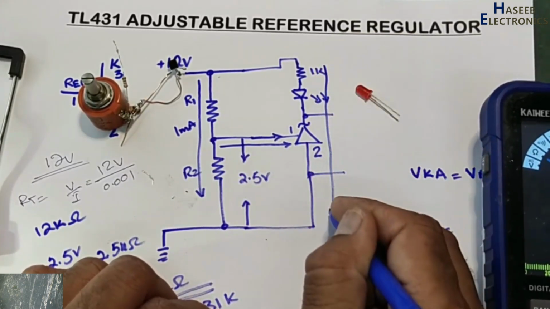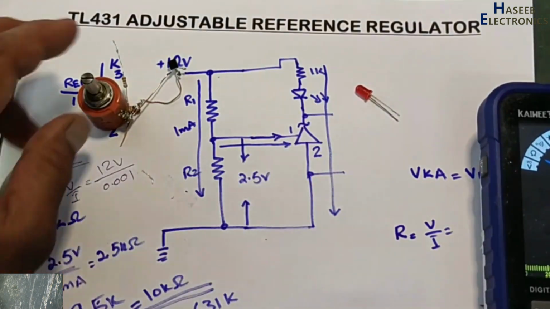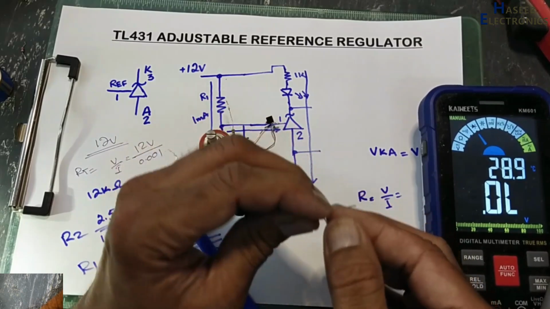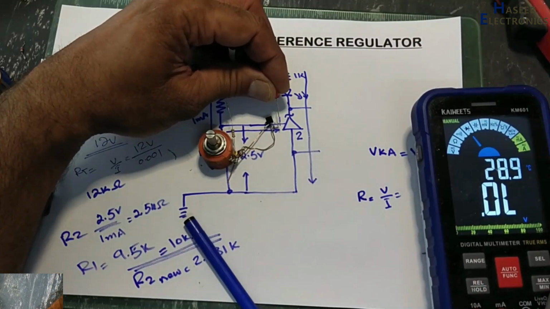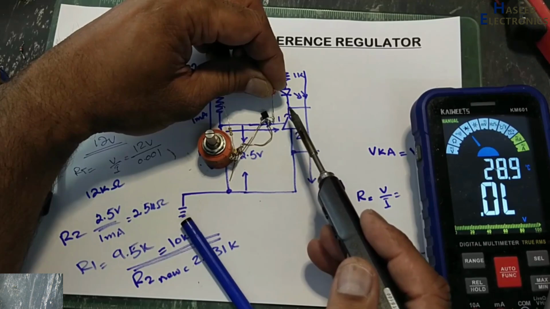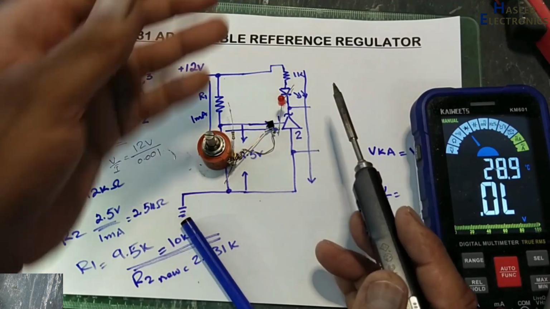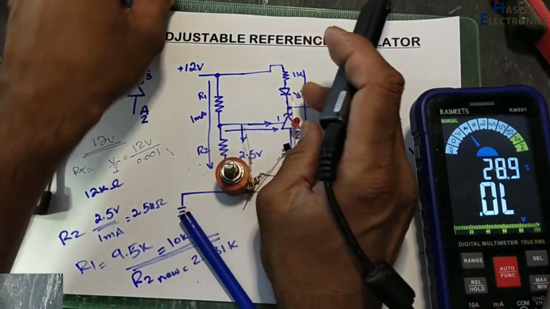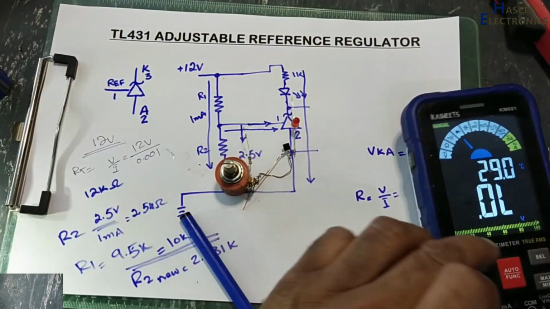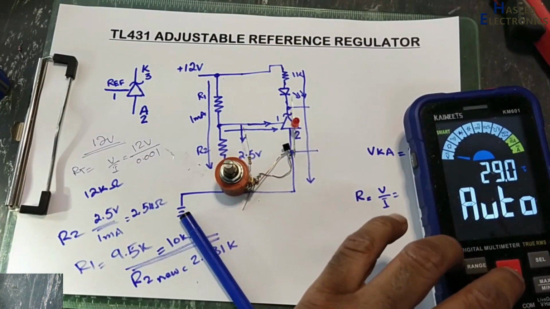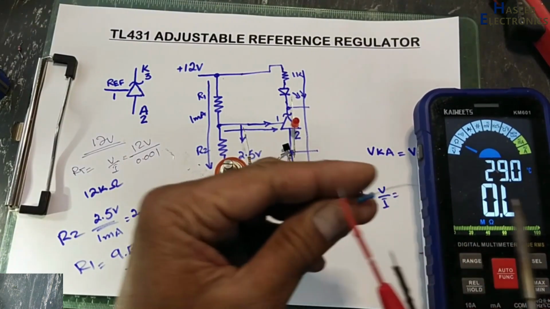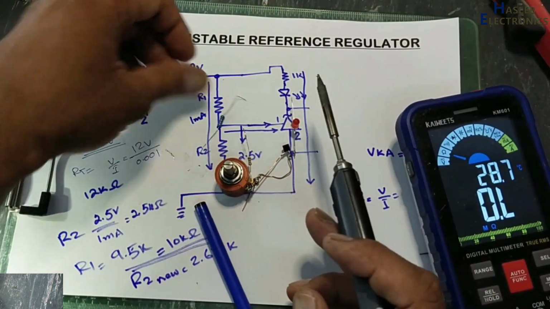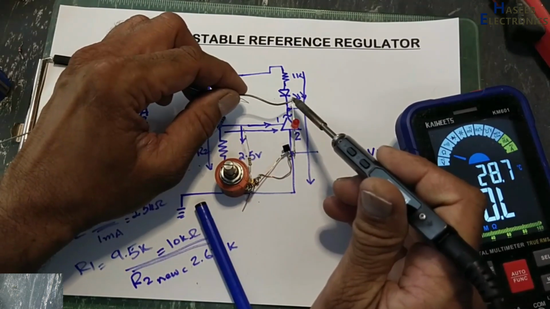So current will flow here, that is load current, that is LED current. The cathode of this LED will go to TL431. In case we are using an optocoupler, it will drive the optocoupler. And I will use a 1K resistor as a current limit resistor to drop the extra voltage. 987, that is 1K with tolerance.